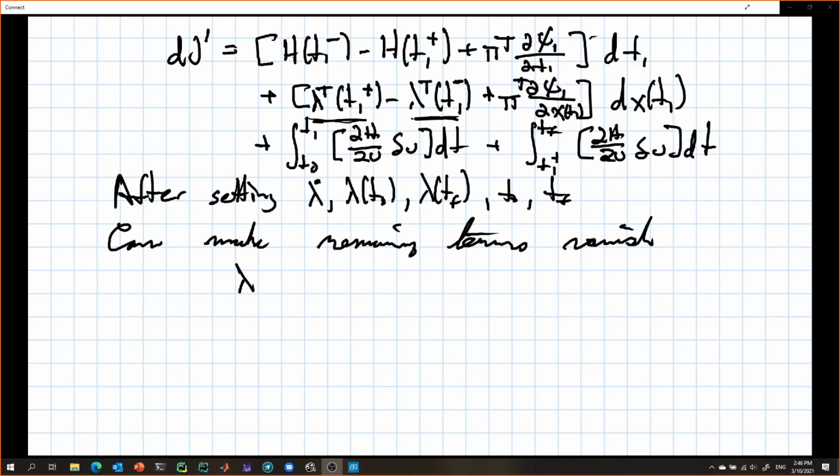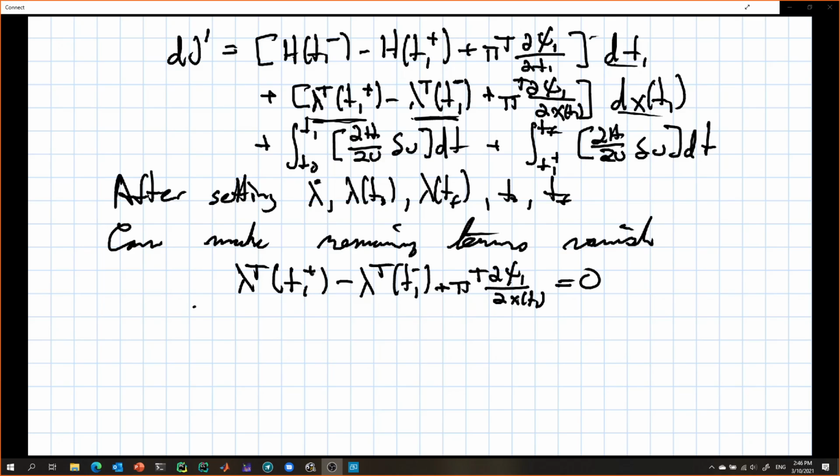So we have the second one, I kind of skipped ahead in my speaking, but we just set those things in front of the variations, we set those equal to 0. And that's T1.